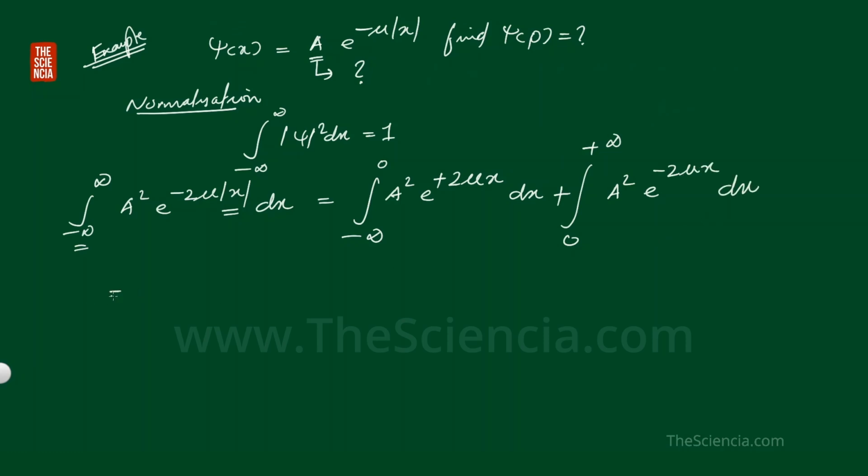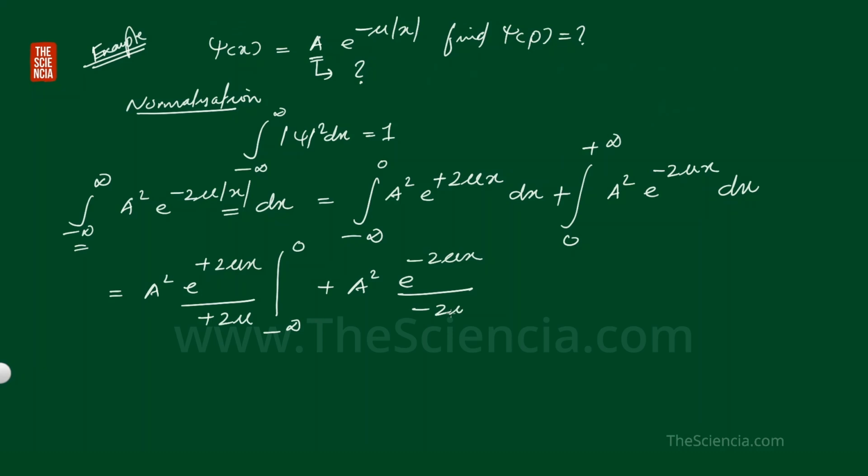Now we have to evaluate these integrals, that is we can take this a square outside and the integral of e raised to plus 2 mu x, that is e raised to plus 2 mu x by plus 2 mu, and the limit is minus infinity to 0, plus the second term, a square is a constant, into the integral of e raised to minus 2 mu x by minus 2 mu.